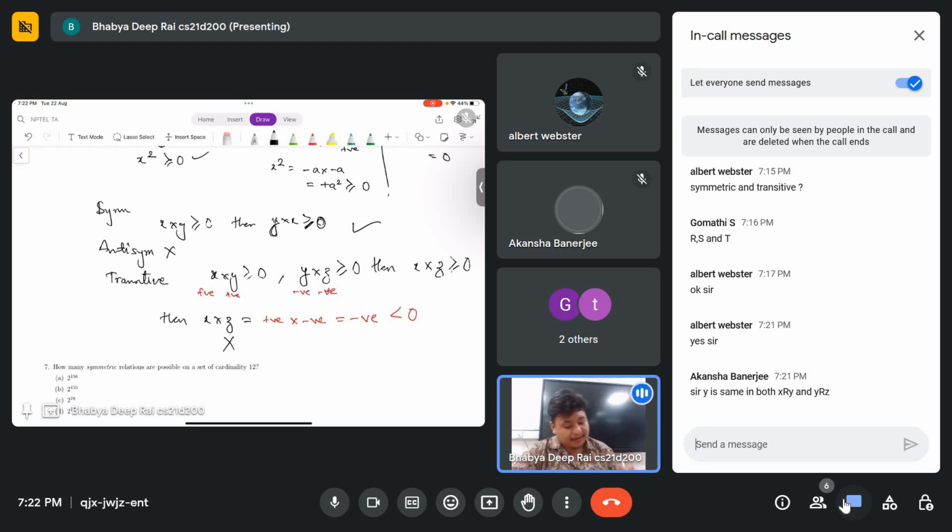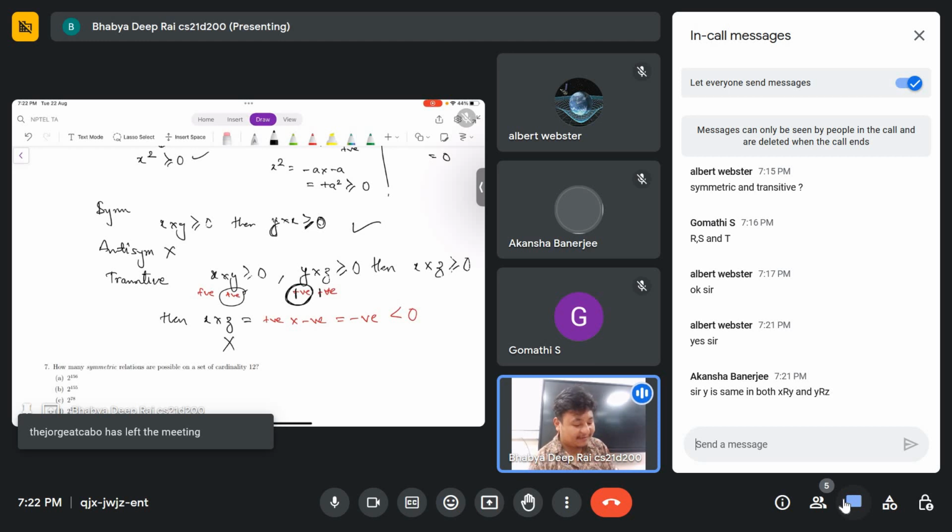That is true. Oh, right. Good catch, Akanksha. So it cannot be that y is negative here and positive there. If this is positive, then y should necessarily be positive, and z should therefore also be positive to create greater than or equal to 0.